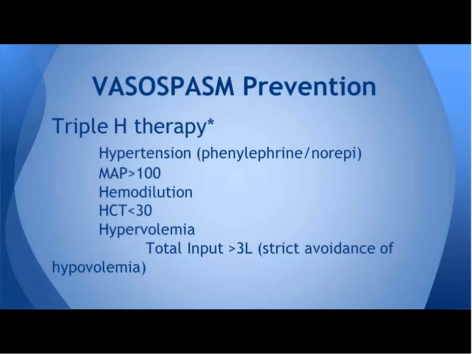Hemodilution, as I said, good luck finding a patient in ICU with a hematocrit over 30. So that usually is just easily done. And then hypervolemia. Most hospitals where I've worked, we've just tried to limit to a total of at least 3 liters input throughout the day, or 3 liters positive throughout the day. And you look at the individual patient.